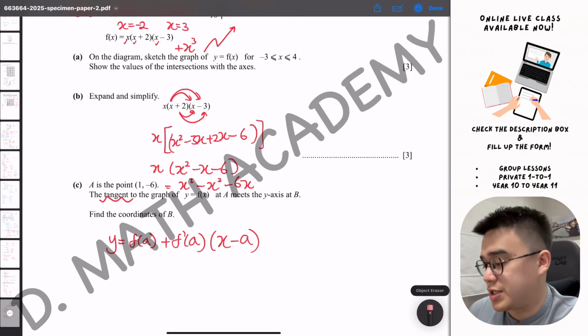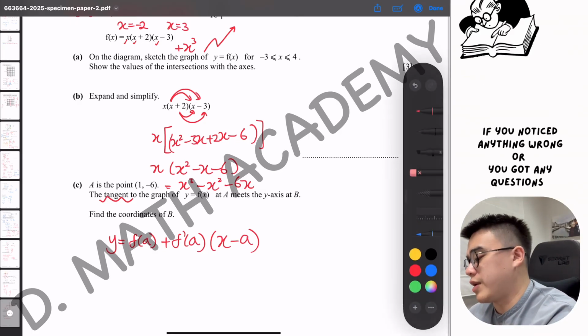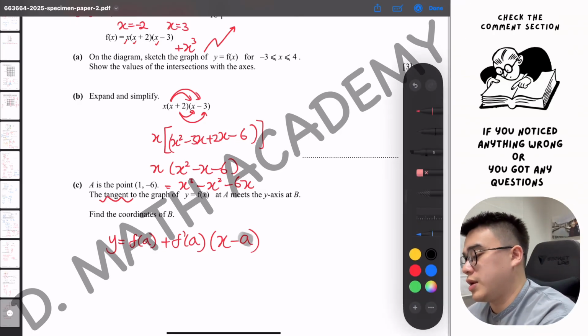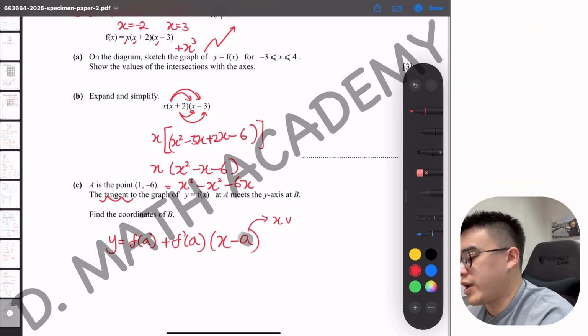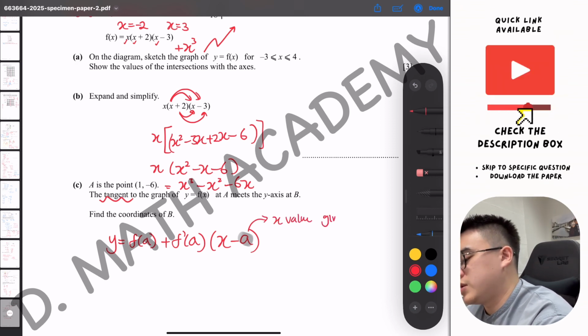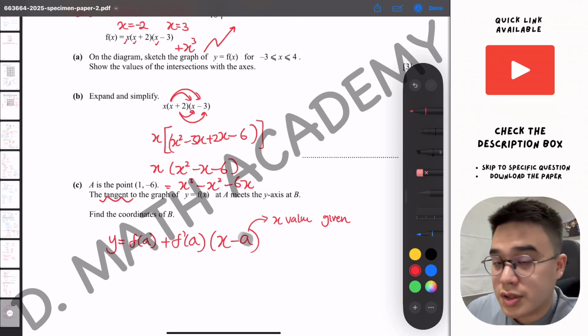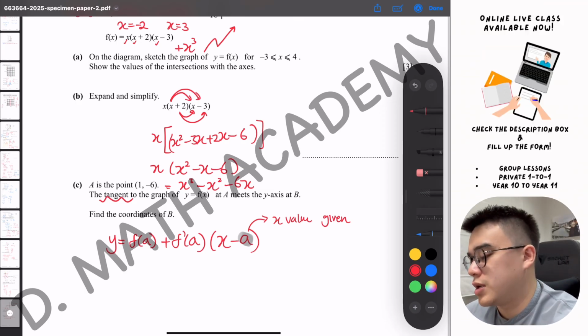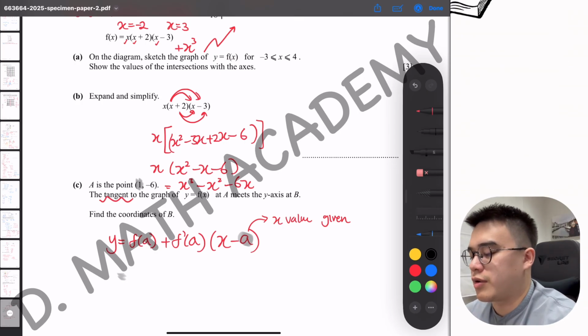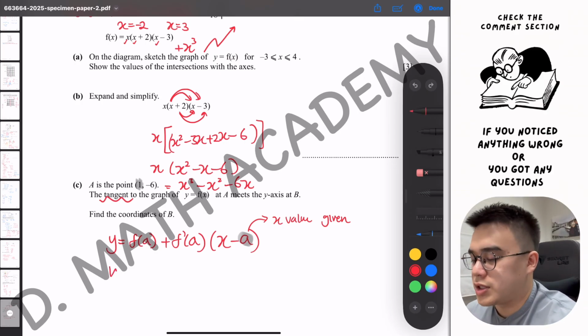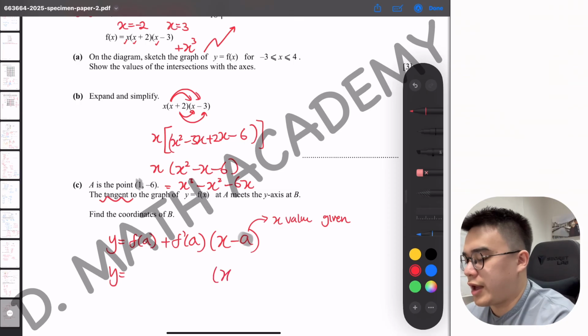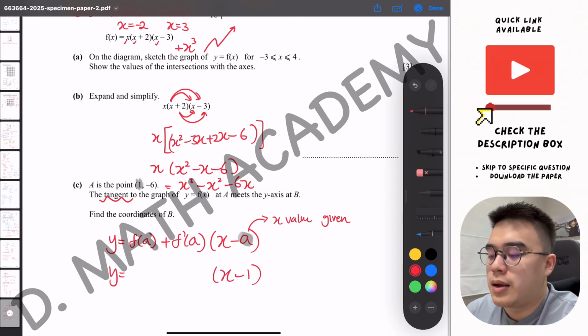Okay, first thing first, this a over here is the x value given. So when you look through everything, the x value given was this. Okay, so in the graph, you can immediately update your answer. You have a x minus 1.